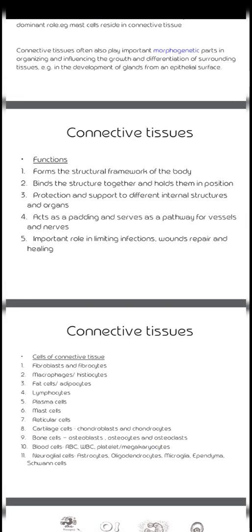They act as a padding and serve as a pathway for vessels and nerves. Vertebrae serve via their spinal canal for the spinal cord to pass through, and they provide padding to the spinal cord so that any jerky motion or any kind of hit, at least of lower intensity, does not affect the spinal cord.